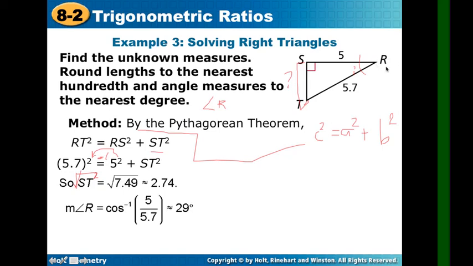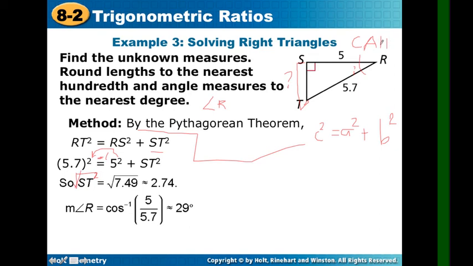Tama, adjacent siya, hindi ba? Ito yung kanyang hypotenuse eh. Ano naman ang relationship ni R kay 5.7? 5.7 is the hypotenuse. So, adjacent and hypotenuse. From that, makakapag-create ka na ng idea na yung kailangan mong trigonometric ratio is adjacent over hypotenuse, which is cosine.